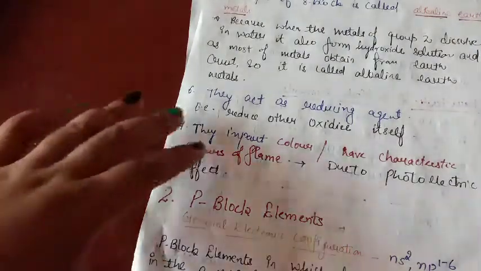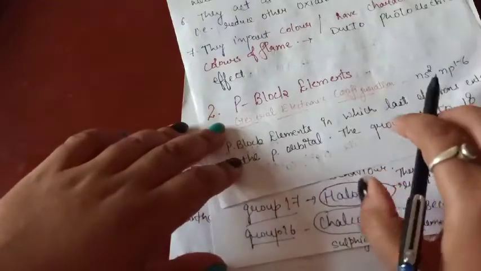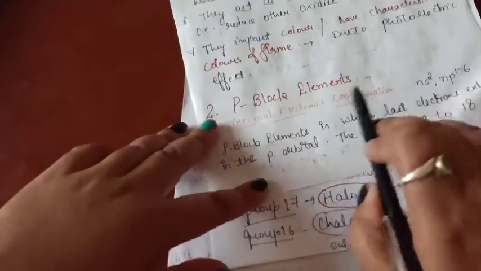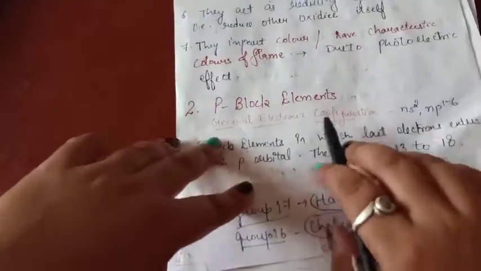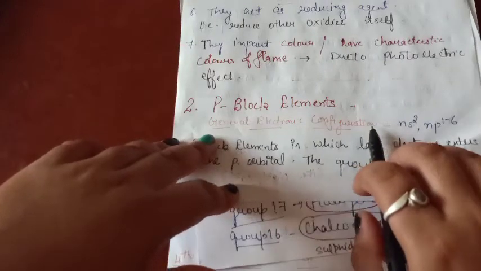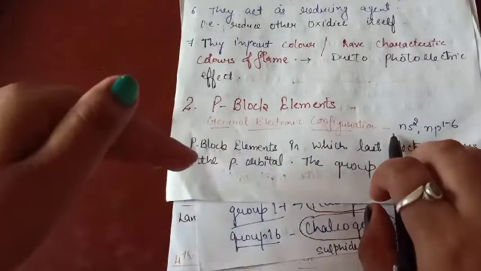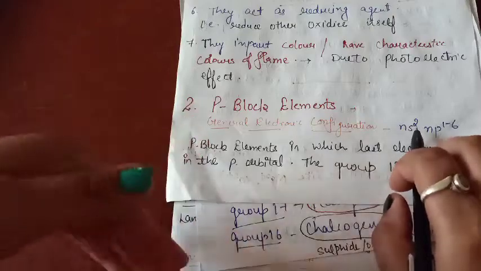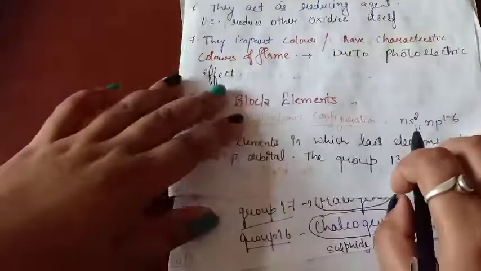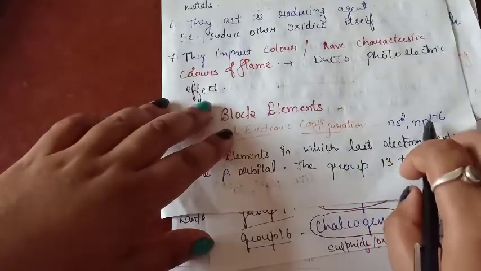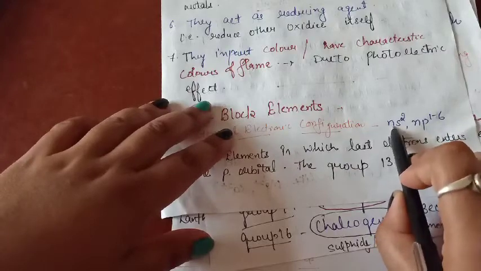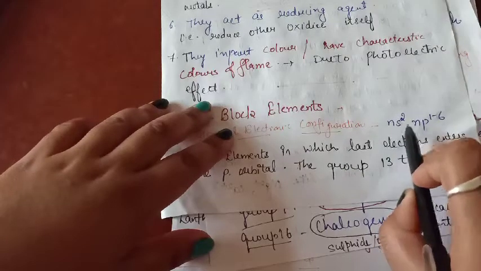P block. Now, first of all, the general electronic configuration of p. See, ns2 np1 to 6. Why are we saying general electronic configuration? Because n could be different, but the outermost electrons while moving in the group could be the same. So ns2 np1 to 6, where n would be the principal quantum number.